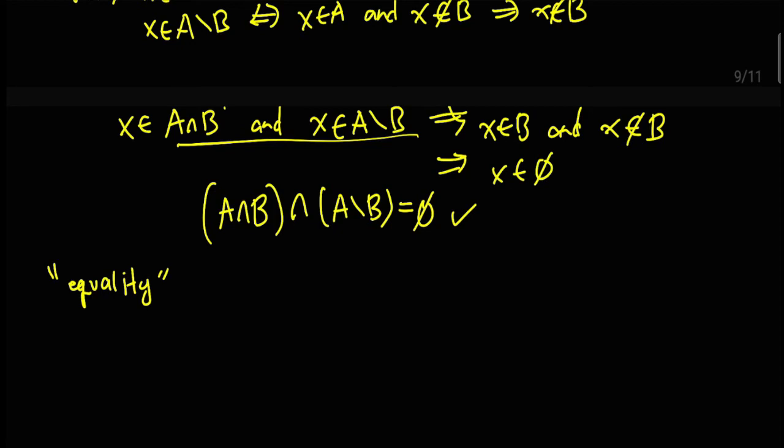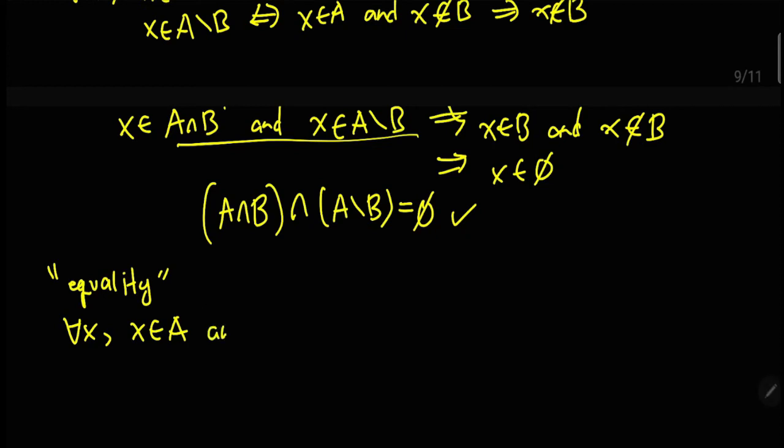So let's start with the statement A. Now, for every x, what does it mean for x to be in A? There's nothing much to say. So now we need to figure out how to introduce B in the statement.